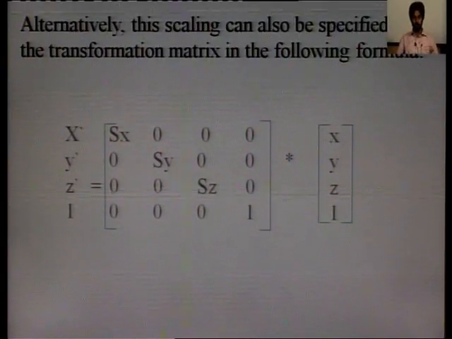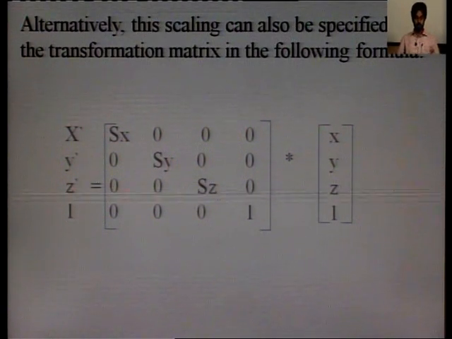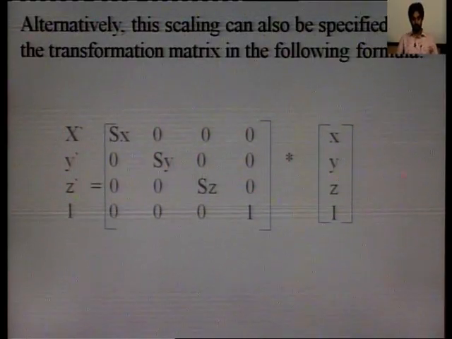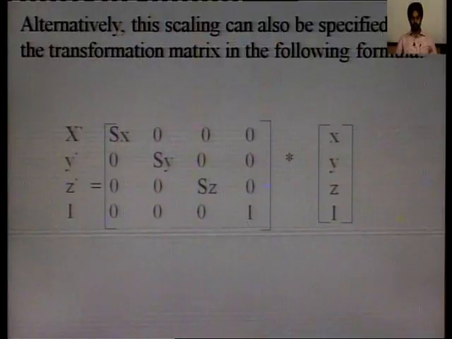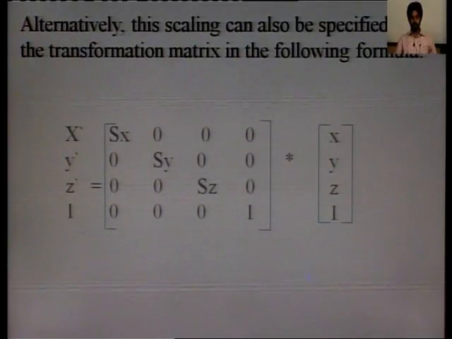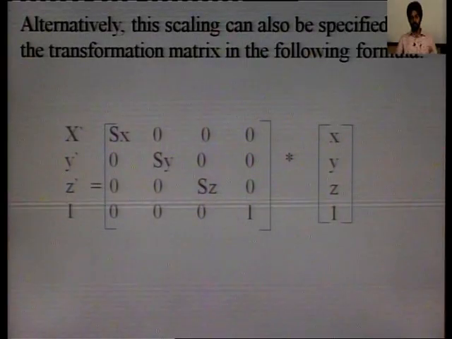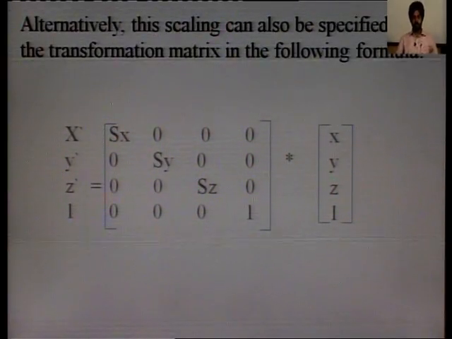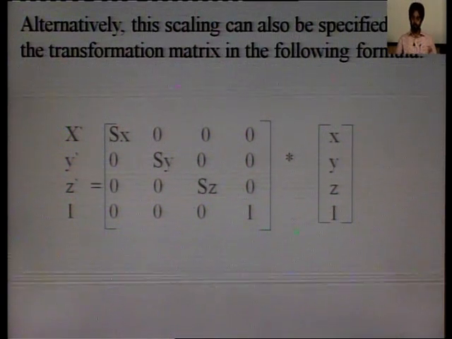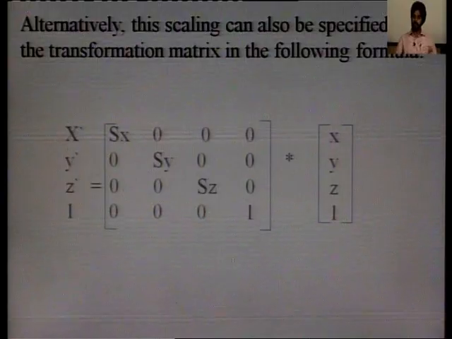The transformation matrix has the following formula, similar to translation: x dash, y dash, z dash, 1 equals the matrix with Sx, 0, 0, 0, then 0, Sy, 0, 0, then 0, 0, Sz, 0, and 0, 0, 0, 1, multiplied by the original coordinates of our object x, y, z and 1.